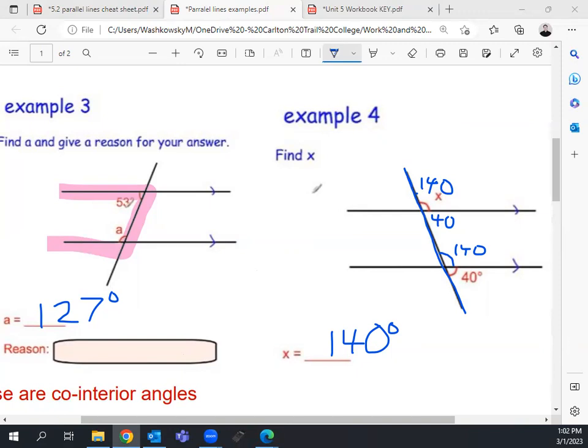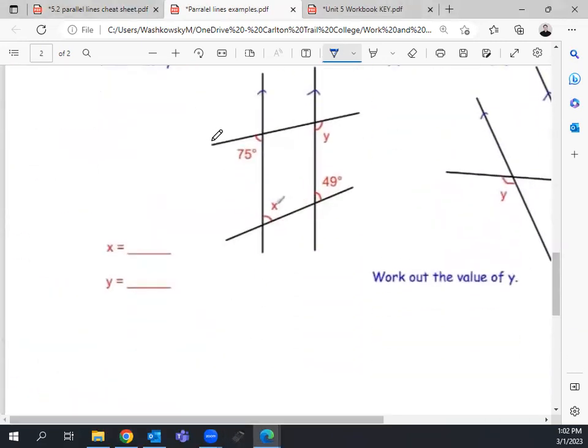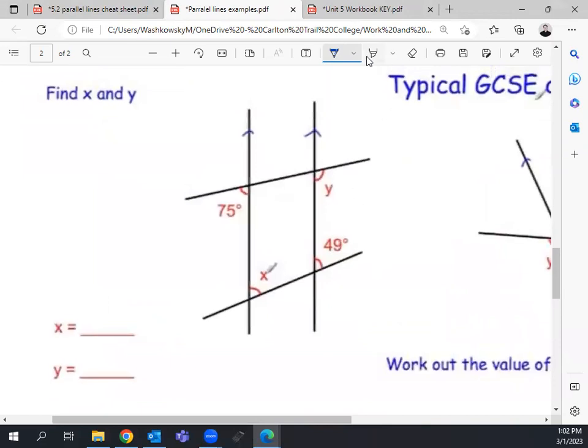All right. So we're going to flip the page over now. I'm going to go to our last example here before we go to some challenging questions. Okay, so going down to example number 5 here. Now what we want to do is find X and Y based on this information here. And you can figure this out a whole bunch of different ways.